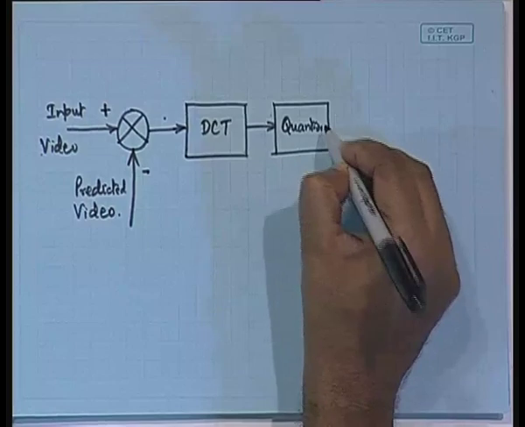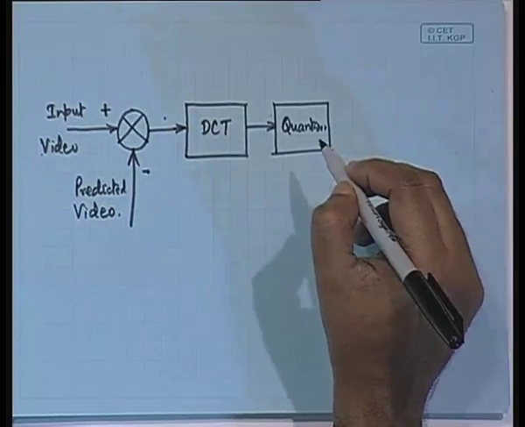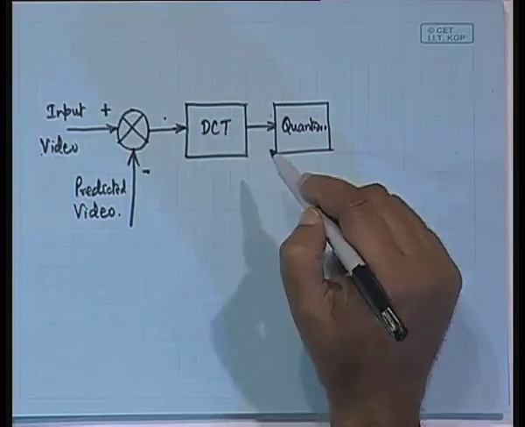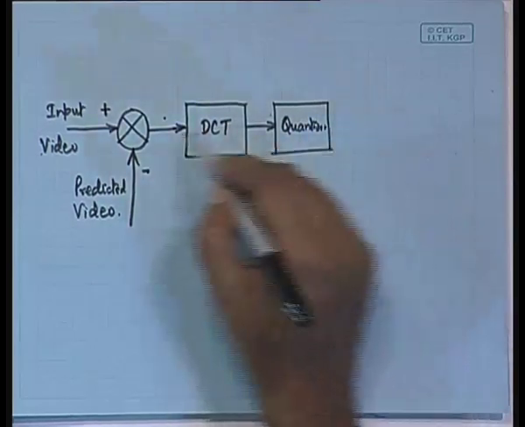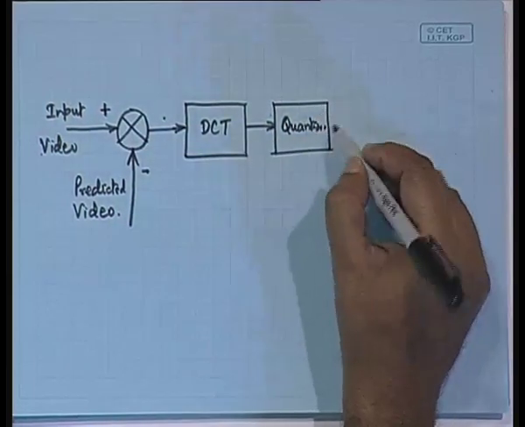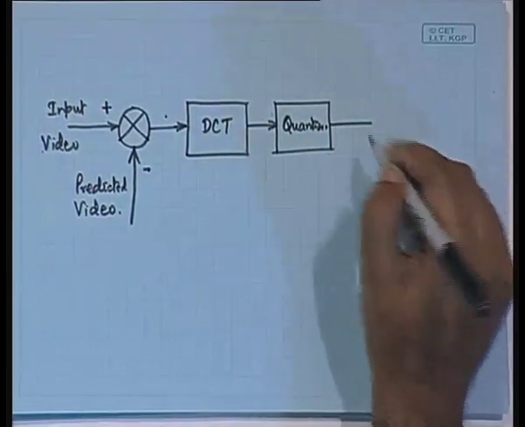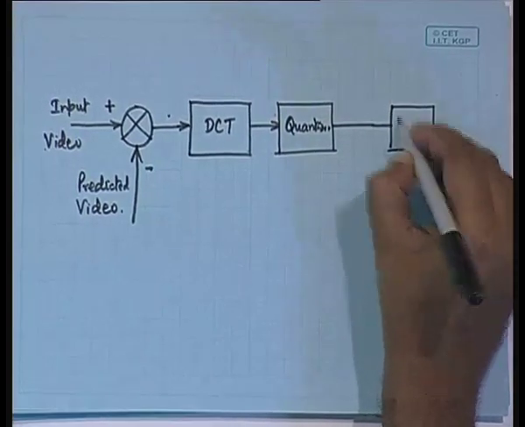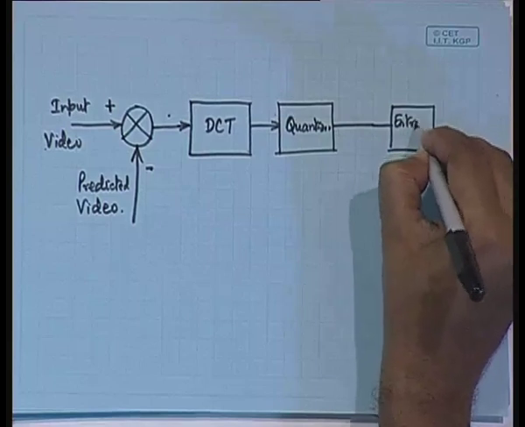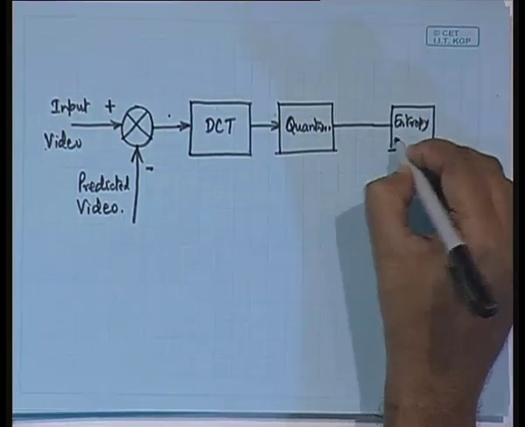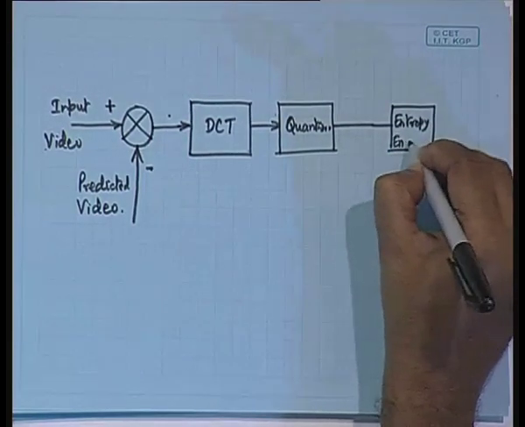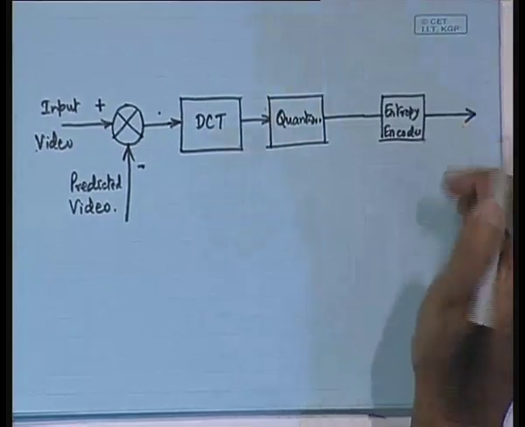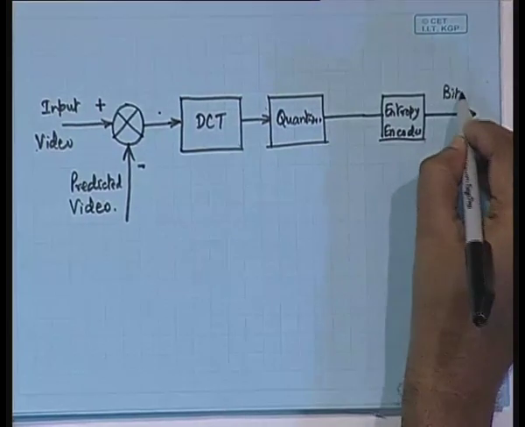These blocks we also had, remember, in the JPEG encoding scheme. There it was the original image which was DCT encoded and then quantized. In this case it is the residual video signal. So, the quantized signal could then be coded through an entropy coding technique, just like the way we did for the still image. So, this is an entropy encoder, and the entropy encoder will generate the final bit stream.